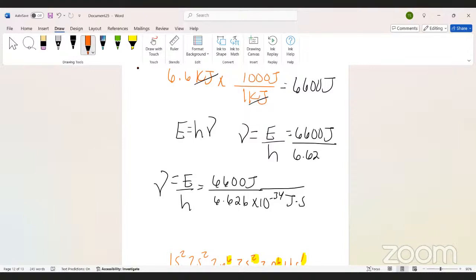When you cancel out your joules, that's going to give you seconds to the negative 1, which is also the same thing as a hertz. So once you put this into your calculator, 6,600 divided by 6.626 times 10 to the negative 34 per second, that's going to give you your answer in hertz.